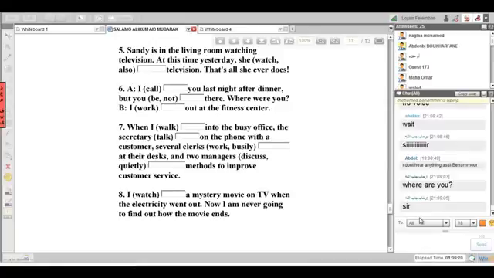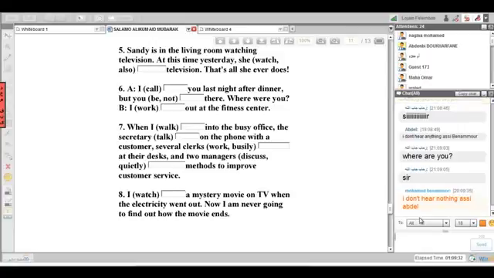The answer is was talking, because at the time that I walked in, there was the action. The action at the time of speaking.